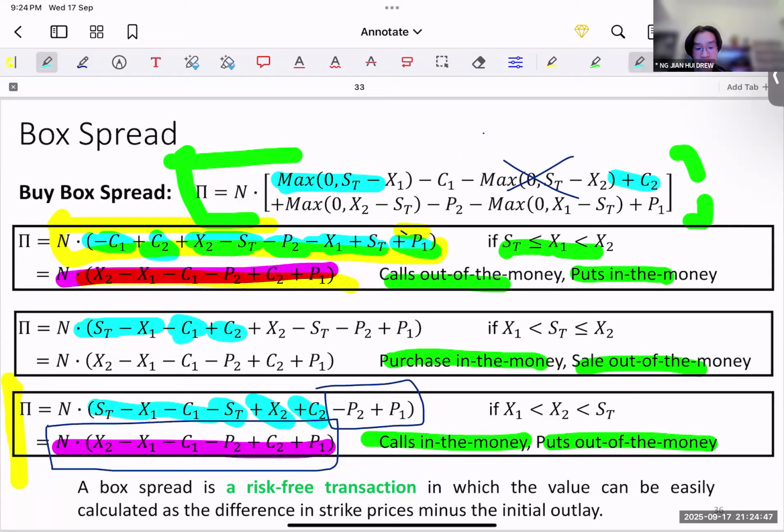And then our purchase again for this is in the money. I'm just going to highlight this. This is in the money, minus P2. Then again, this sale is out of the money, and in this case, we get exactly, again, the same payout here.